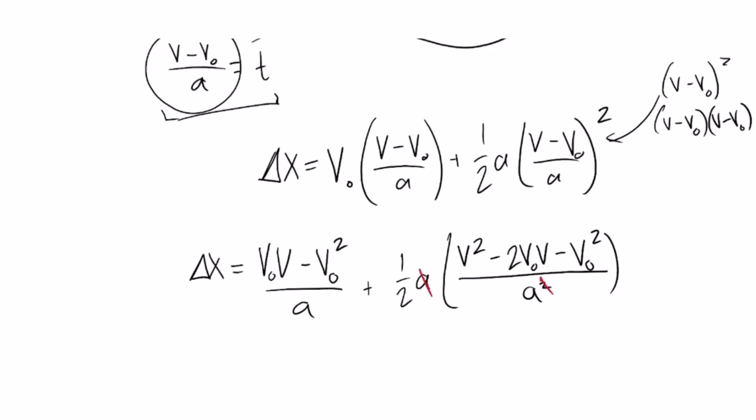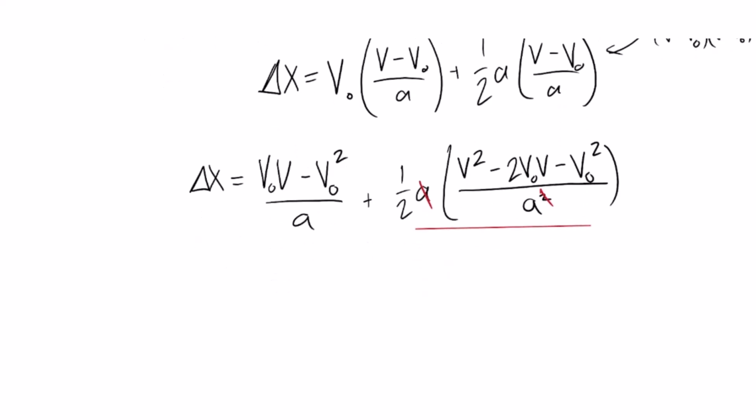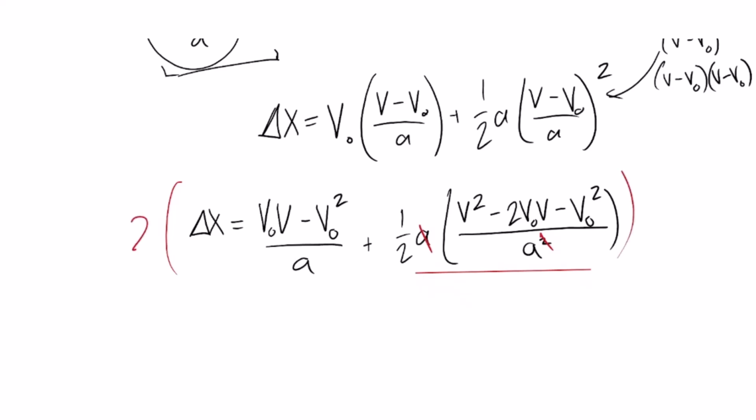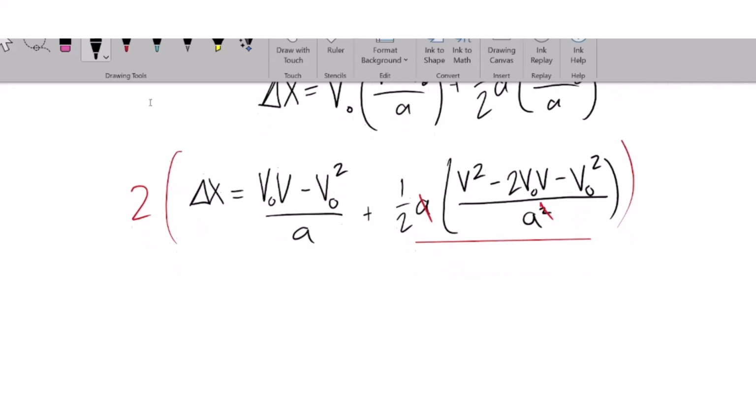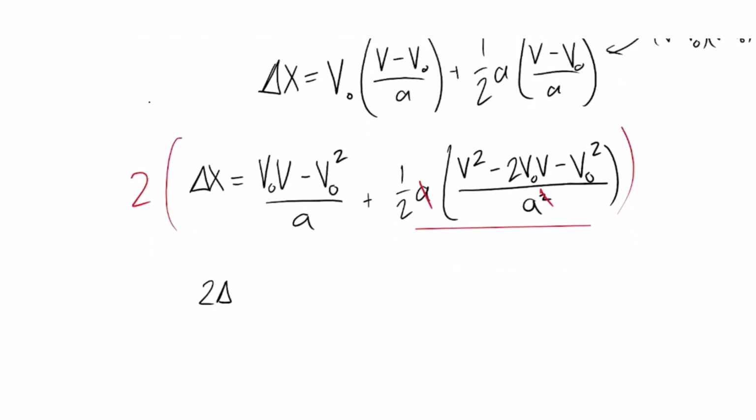So things we can cancel out. This a is going to cancel out that squared. And if you look, even though this side is multiplied by 2, we do have an a in the denominator for both, so they are going to be like terms. The only thing I'm going to do is I'm going to multiply everything by 2. So we're going to take this whole thing and multiply by 2. So that will give us 2 delta x equals, again, 2v naught v minus v naught squared.